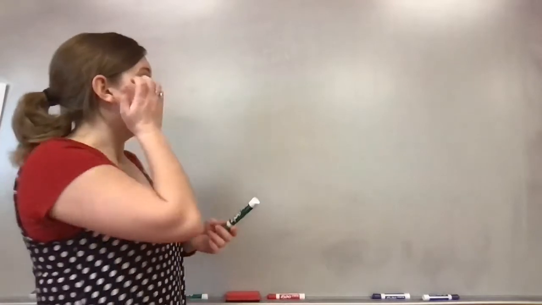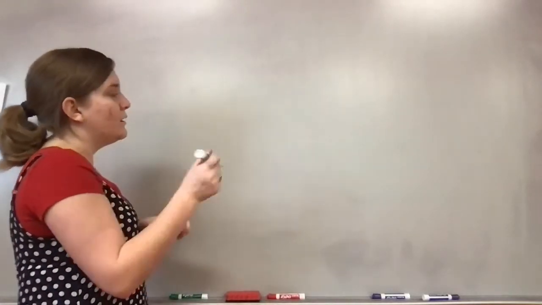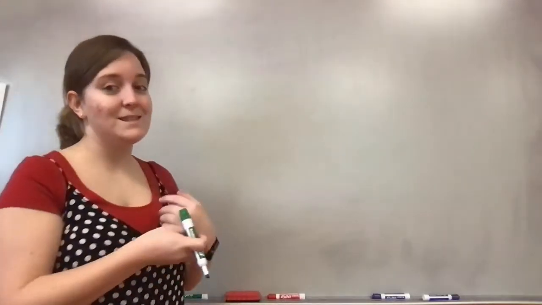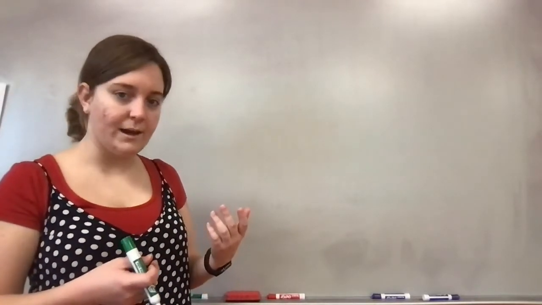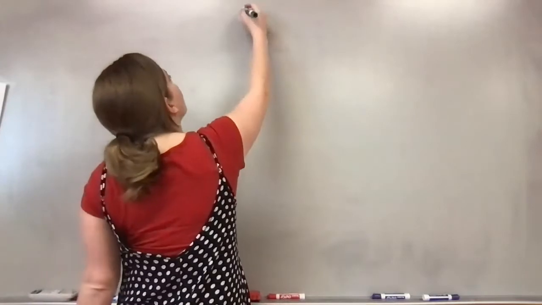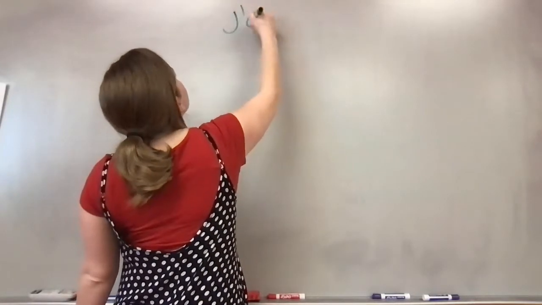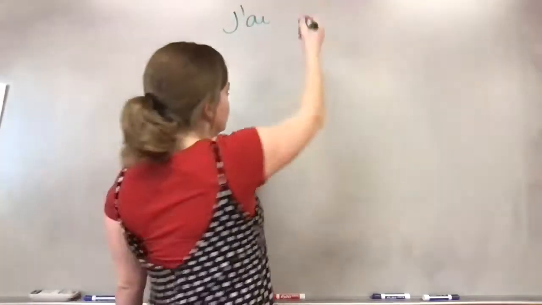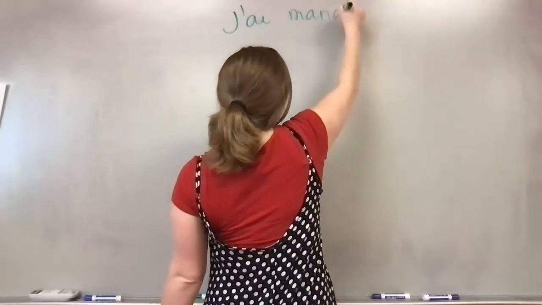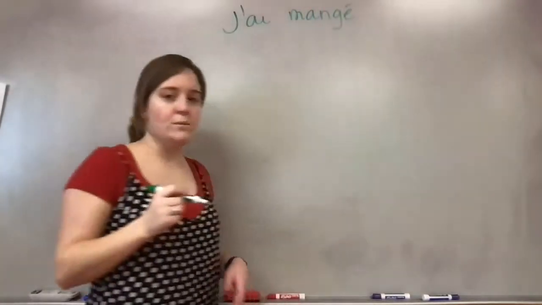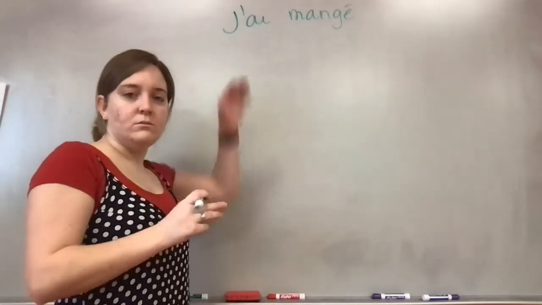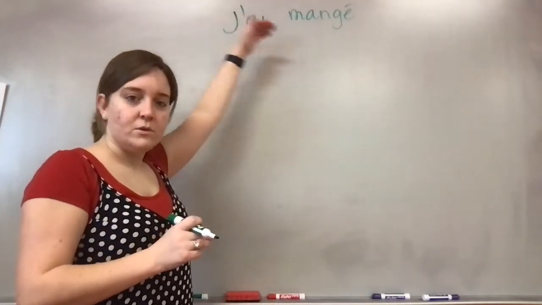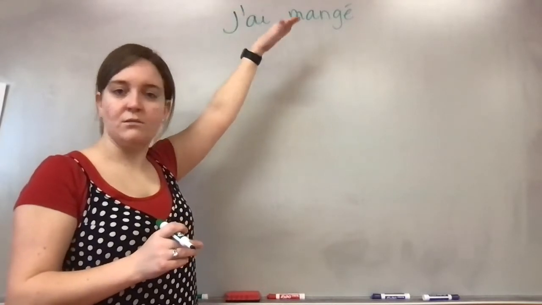All right. So when we're putting these sentences in the negative, this is where it becomes a little bit more complicated. All right, let's take the sentence J'ai mangé. All right, so I ate. So we have our past participle, manger. It's an ER verb.